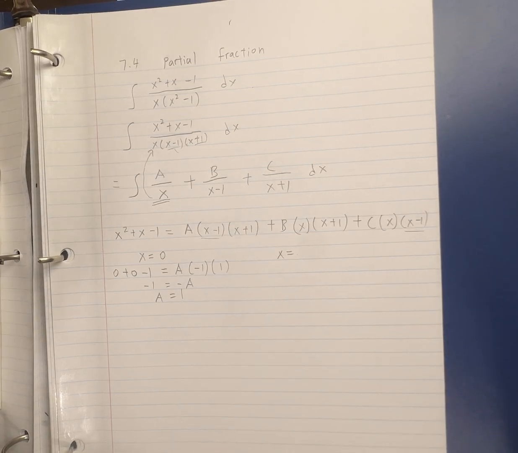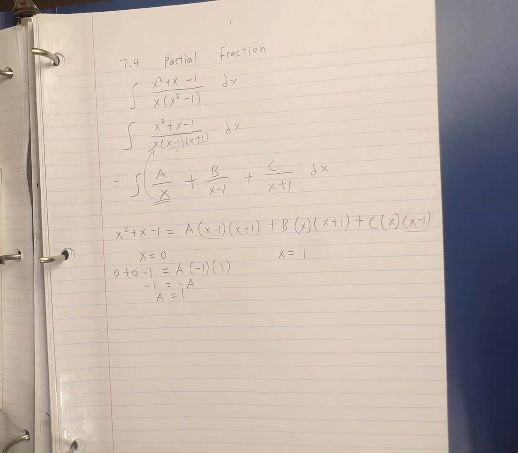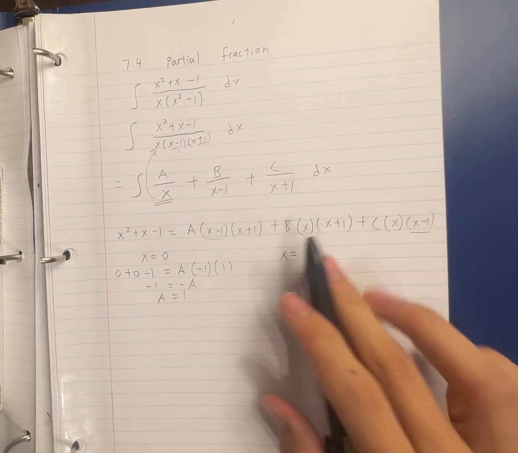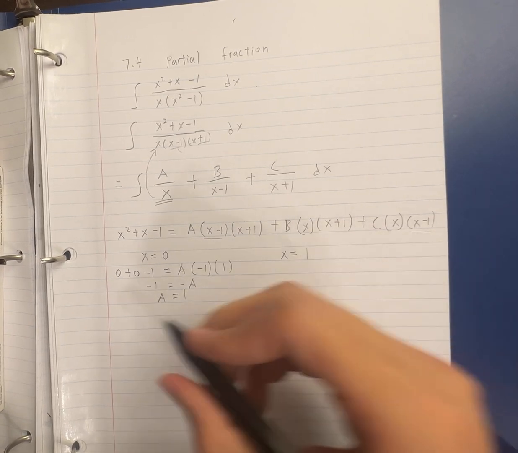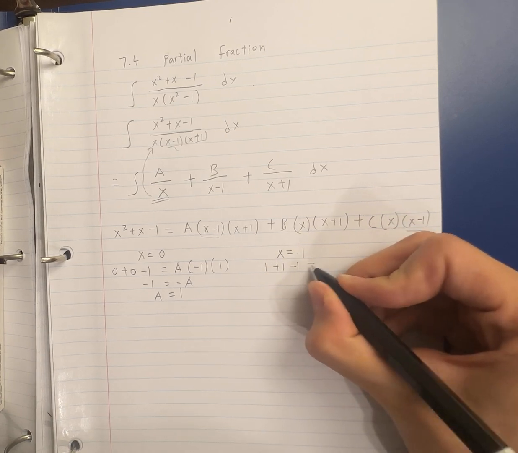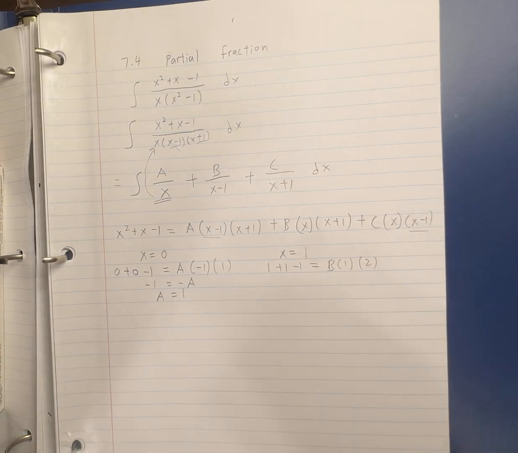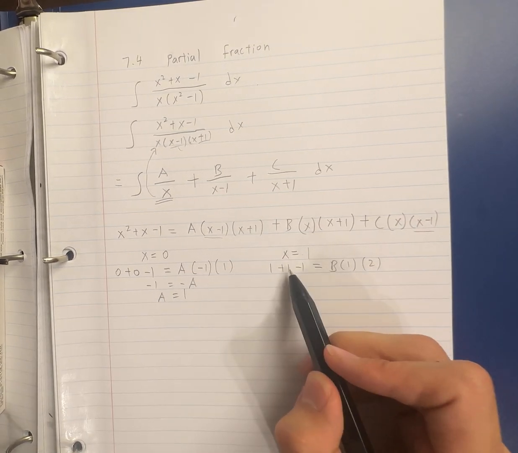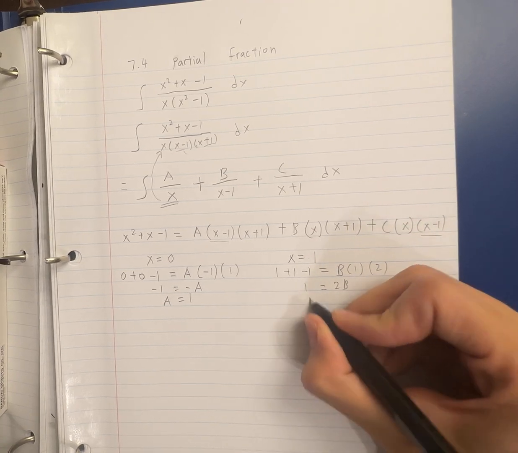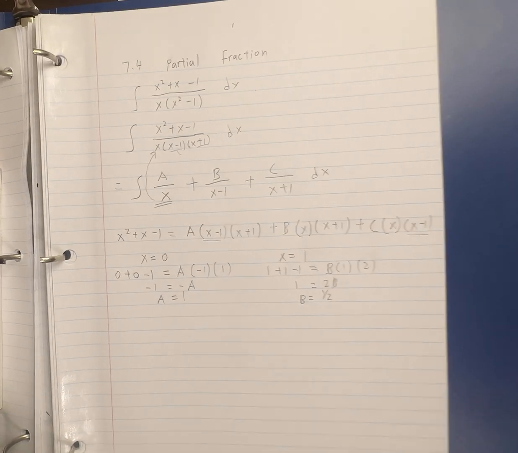If they both have x minus 1, it means that I can set x equals 1, which makes C and A 0. Now I can focus on B by itself. So if I plug it into the numerator over here, 1 plus 1 minus 1 equals B times 1 times 2. 1 plus 1 is 2, minus 1, 1 equals 2B. B equals 1/2. Now I have B.